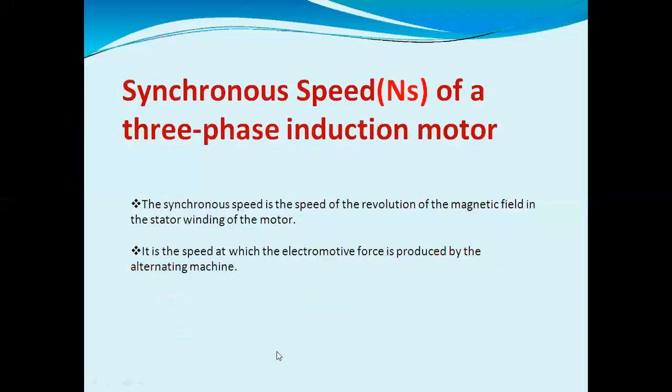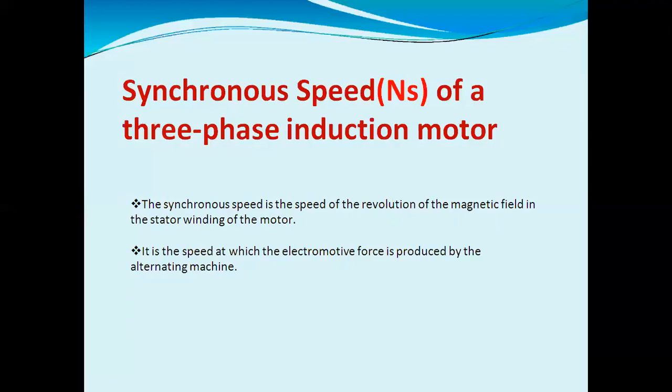Another concept of the three-phase induction motor is the synchronous speed, given by Ns. We have already seen that synchronous speed is the speed of revolution of the magnetic field in the stator winding of the motor.